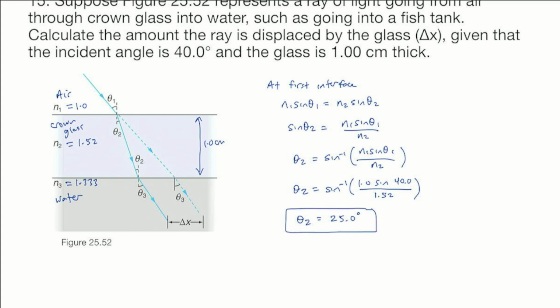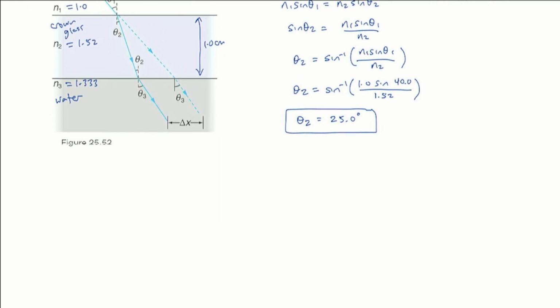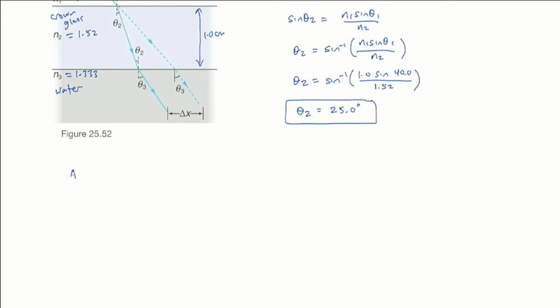Now we can take a look at what happens at the second interface. And I'll just put that over here. We use Snell's law, or also the law of refraction. This time it is N2 sine theta 2 is equal to N3 sine theta 3.